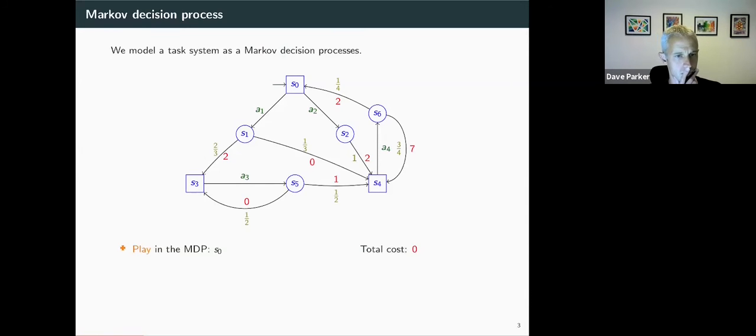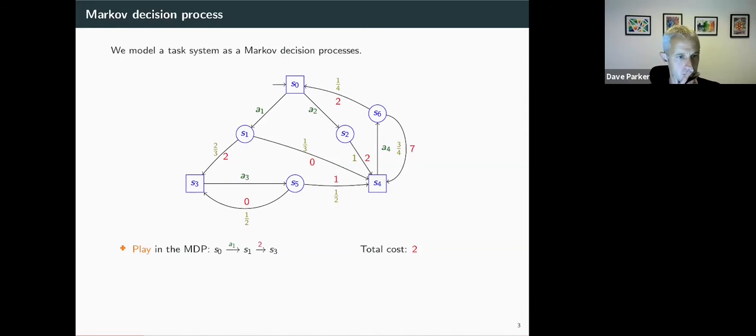For example, starting from S0, player 1 has two actions to choose from. Suppose it took action A1. Then from S1 with probability 2/3, the next state will be S3, and with probability 1/3, it will be S4. Suppose the state evolves to S3, so the associated cost is 2.